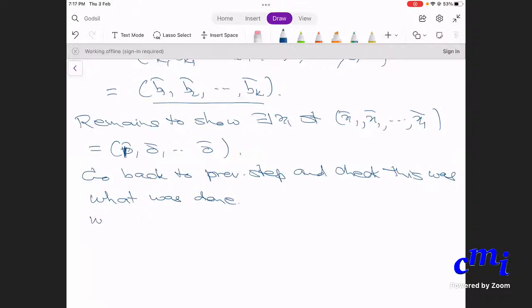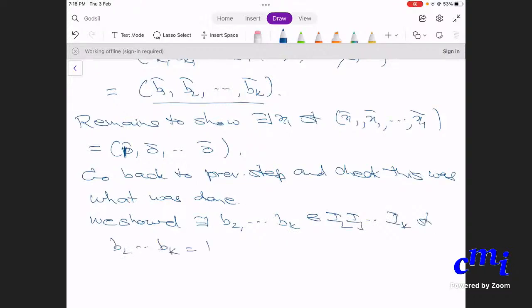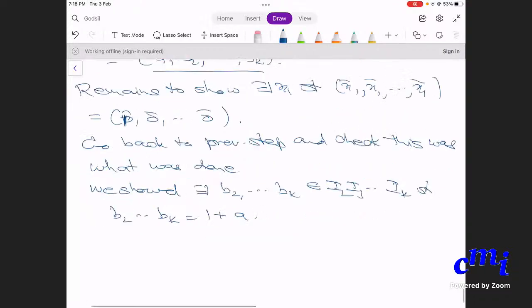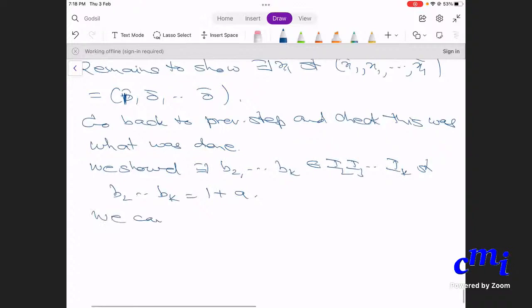So we showed there exist B2 up to Bk in I2, I3 up to Ik such that B2 up to Bk equals 1 plus A. So that means we can take our x1 to be B2 up to Bk. And therefore, we are finished with the proof of the Chinese remainder theorem.